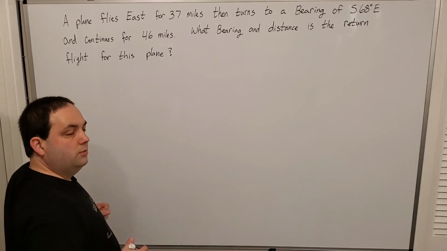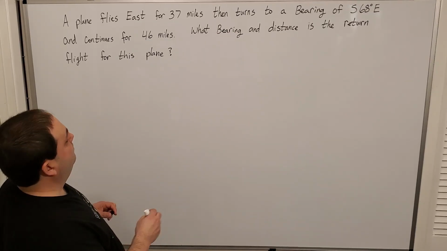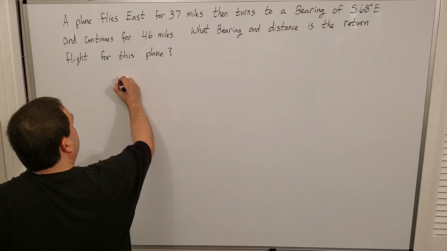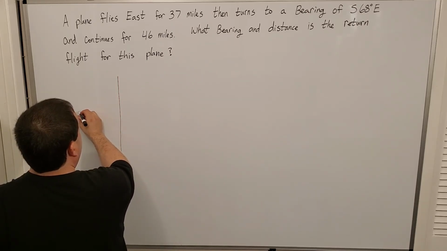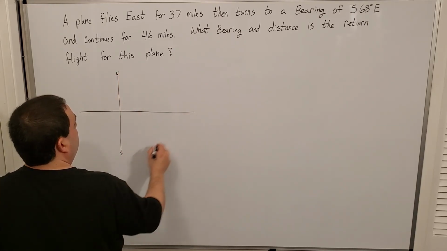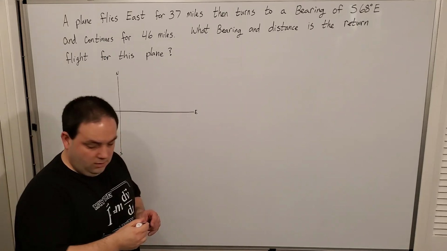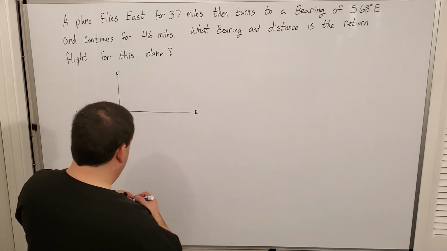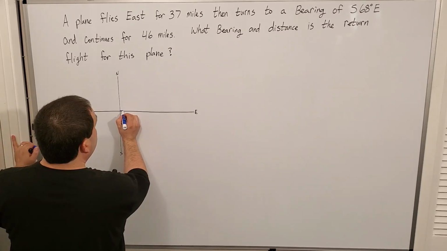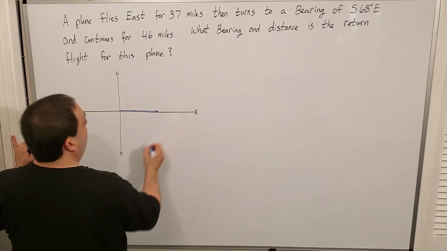Okay, so we've seen problems similar to this either with boats or with people walking in woods, whatever. It's the same idea. So if we start with a normal north, south, east, west directional. Okay, so of course this would be the north line, south line, east line, west line. And then the plane travels along the east line, right? It travels east to this point right here.